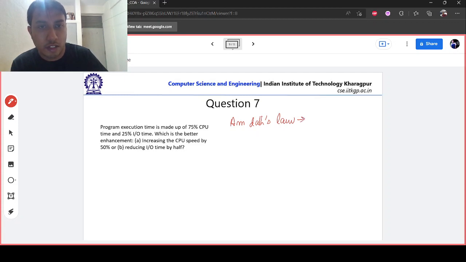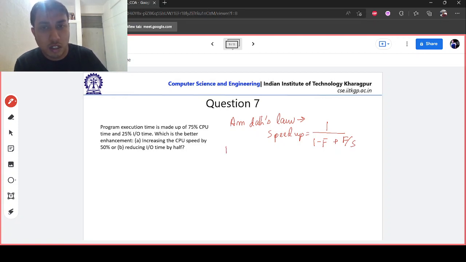So what does Amdahl's law state? It gives that speedup is equal to 1 divided by (1 minus f) plus f divided by s.